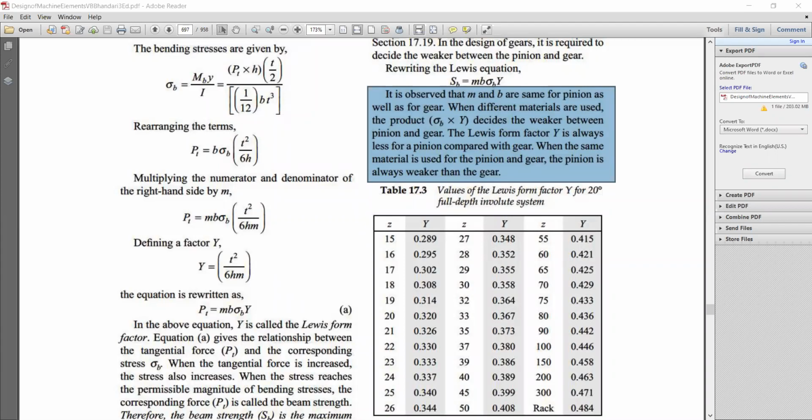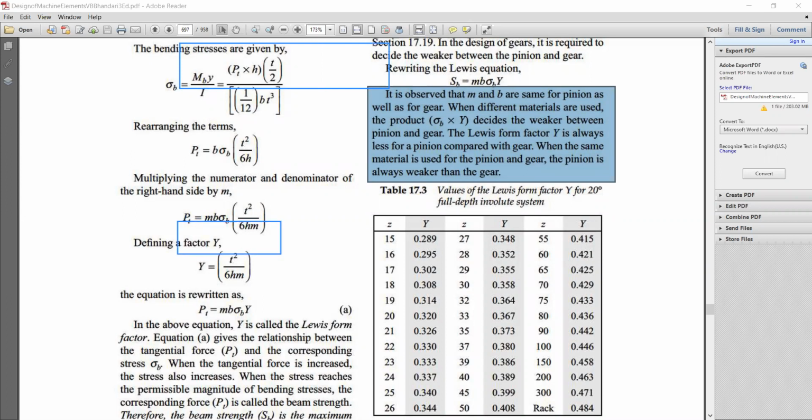Now next we need to find out the value of Cv based on the different velocity applications. For that you should know the velocity. Then go for Fw.